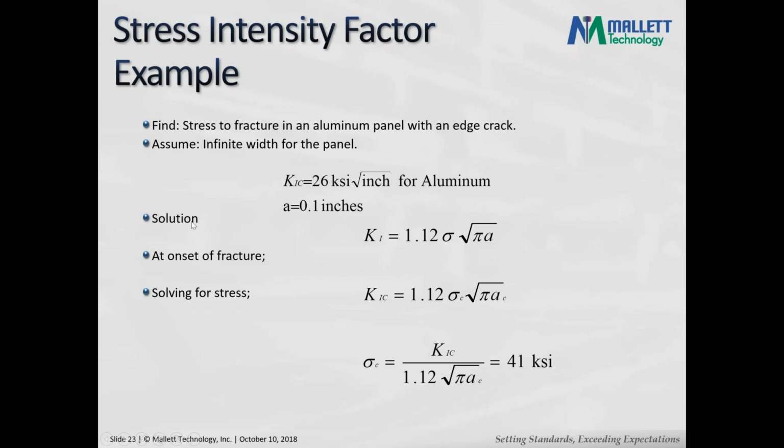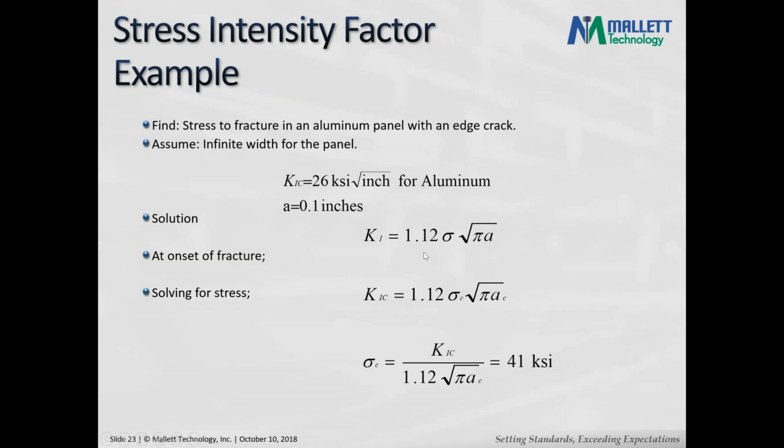Through hand calculations, we know that for an infinite width panel with an edge crack, K sub 1 is equal to 1.12 times nominal stress times square root of pi a, where a is the initial crack length.